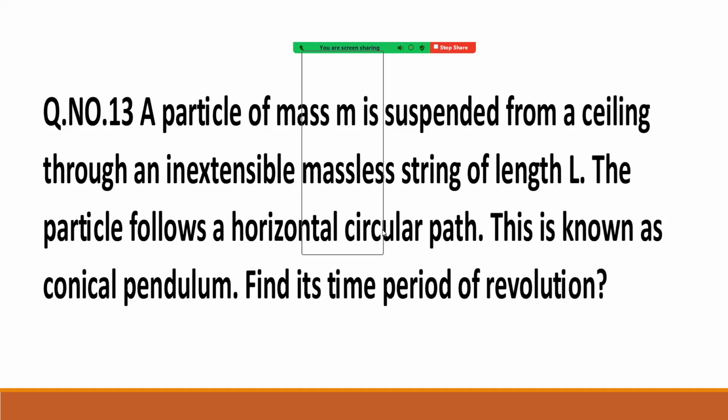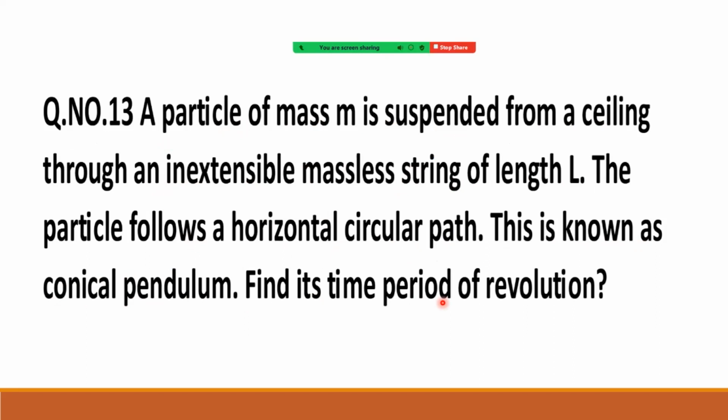See the question given. A particle of mass m is suspended from a ceiling through an inextensible massless string of length L. The particle follows a horizontal circular path. This is known as conical pendulum.